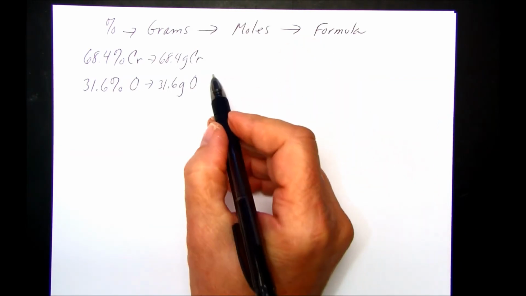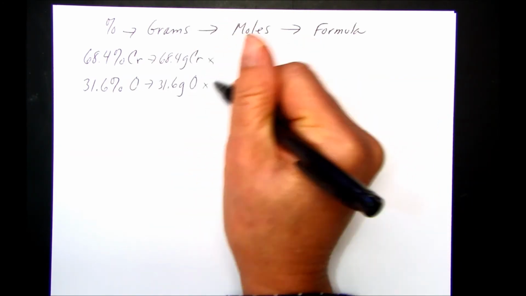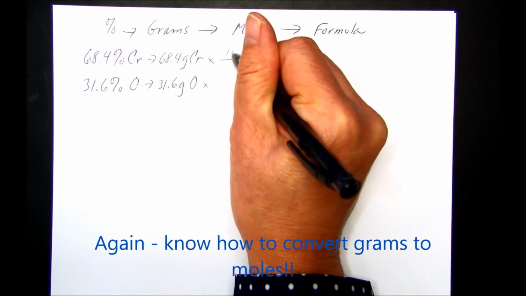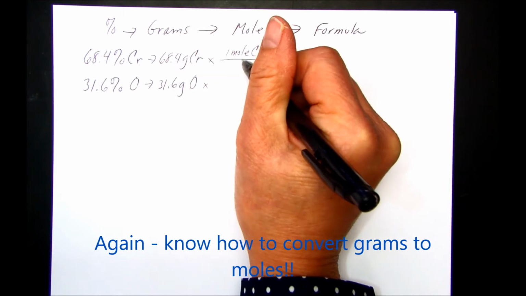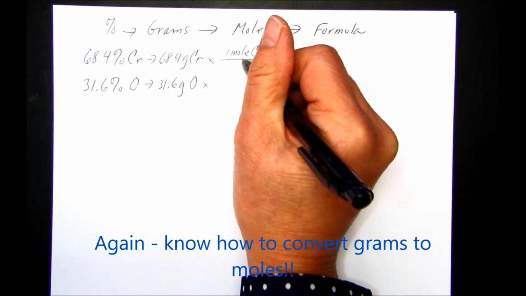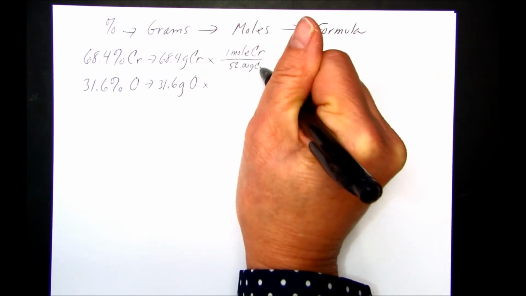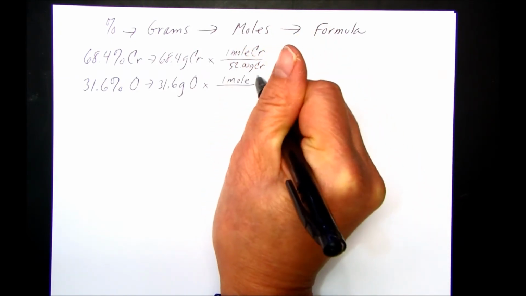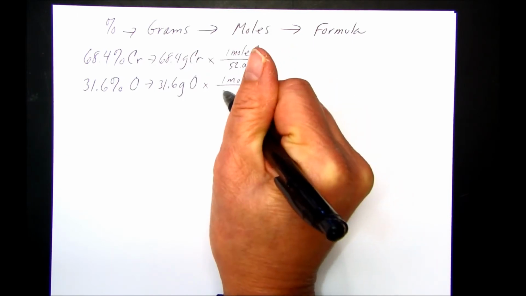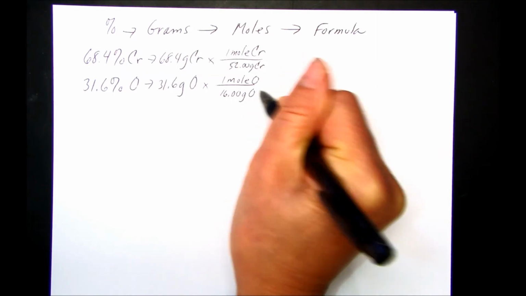All right, from there, we're going to convert to moles. So we'll multiply using our conversion factor. 1 mole of chromium equals 52 grams of chromium. And 1 mole of oxygen is going to equal 16.00 grams of oxygen.